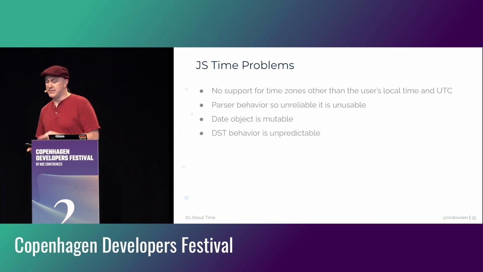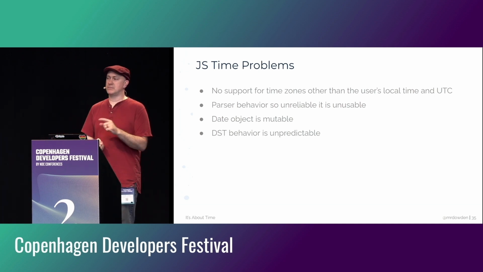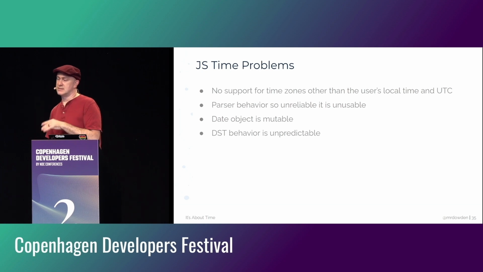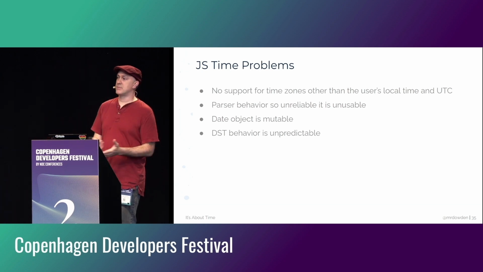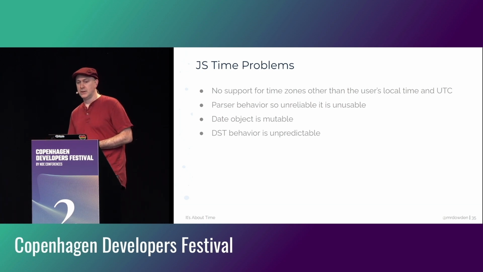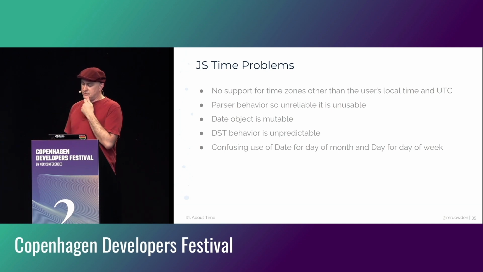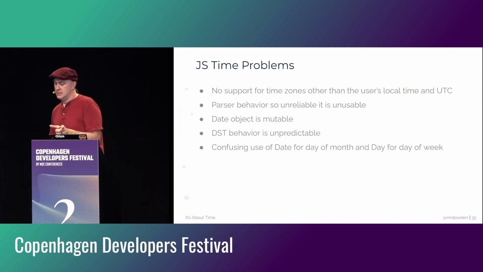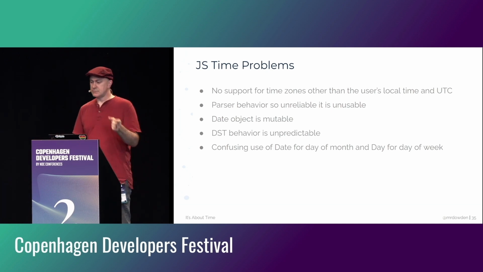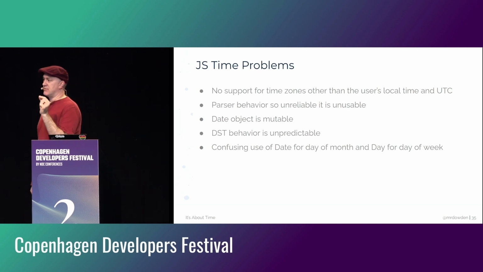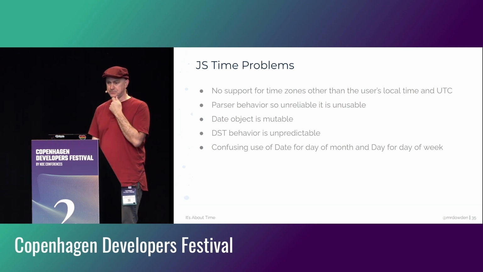The daylight savings time behavior within the JavaScript date library is unpredictable. It doesn't always get things right because of some of the complexities we talked about earlier. There's confusing use of date for the day of the month and day for the day of the week. That's not necessarily how we think about things.